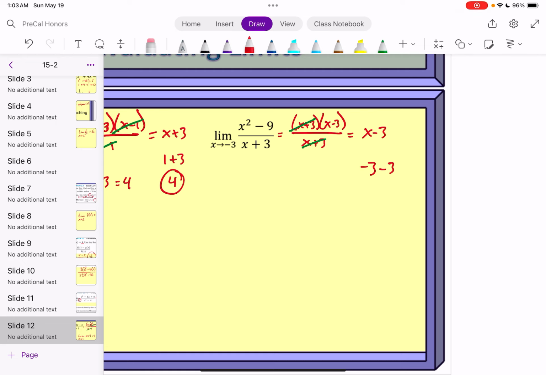Negative 3 minus 3 would leave you with a total answer of negative 6. We rewrite the problem itself to be the limit of x minus 3 as x approaches negative 3 is equal to negative 6.